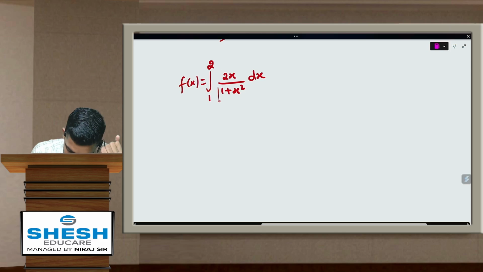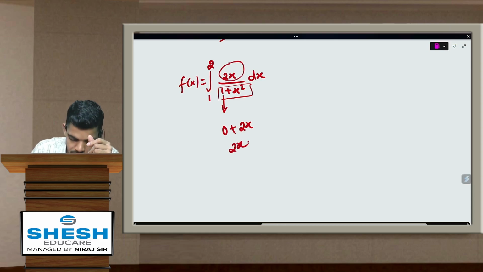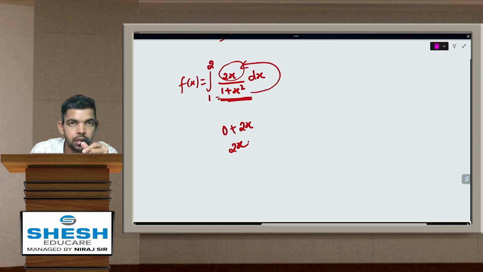What is the derivative of 1 plus x square? The derivative of 1 is 0, plus the derivative of x square is 2x, which is 2x. So 2x is present in the numerator. So in the denominator we have a function and its derivative is present in the numerator. So what is the answer? What is the integration? Log of the function.